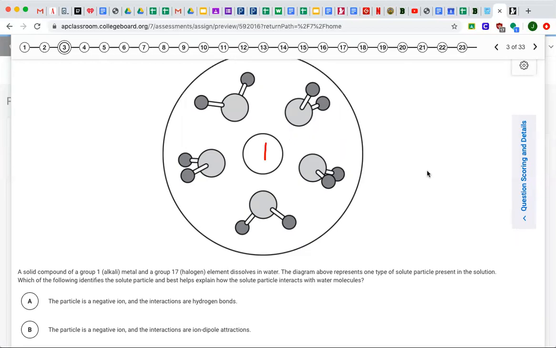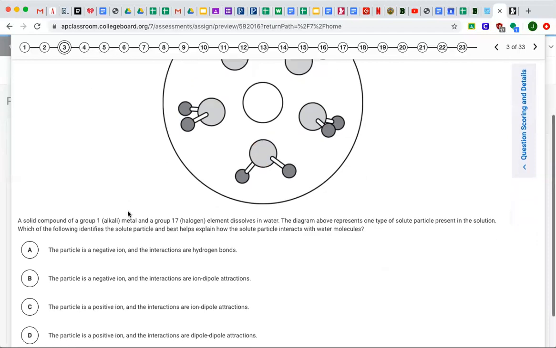So this guy must have a positive charge because we know that in water, these oxygen atoms have the partial negative charge. These are partially negative here, here, here, here, and here. So they're going to orient themselves toward the positive charge. Very good.